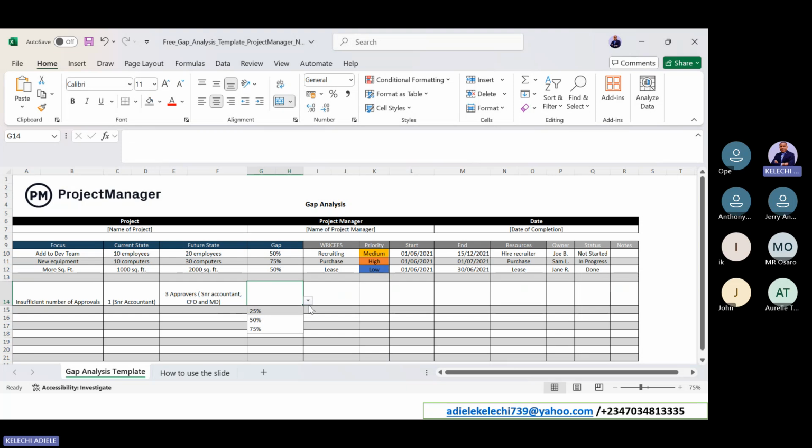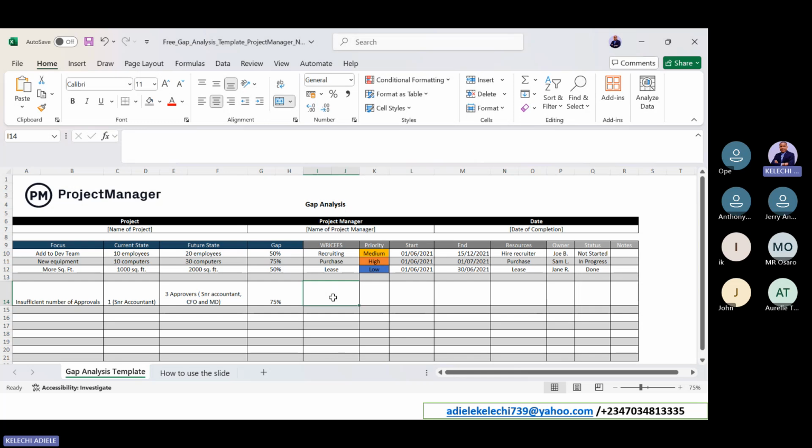Then of course, if you want to rate this gap, you can see that what is here is 1, and what we need is 3. So the gap rate is 75%, if you like.